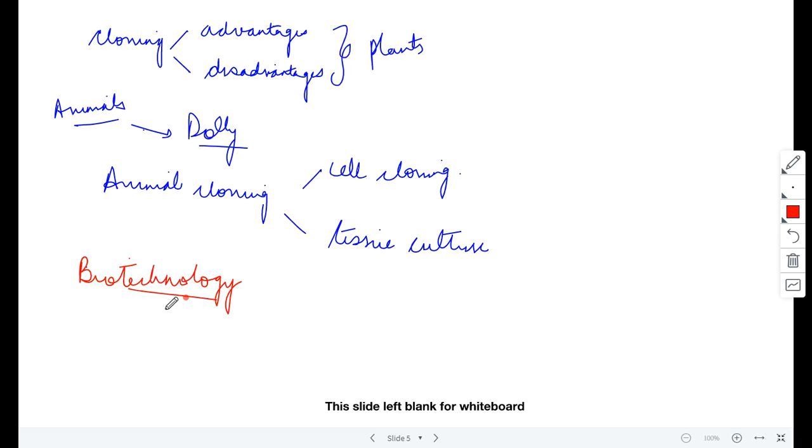What is biotechnology basically? It is a field of science which deals with the study of microorganisms. Now if you see, lots of food and drinks are made with the help of microorganisms. For example, can you give me any microorganism which is required to make a food?